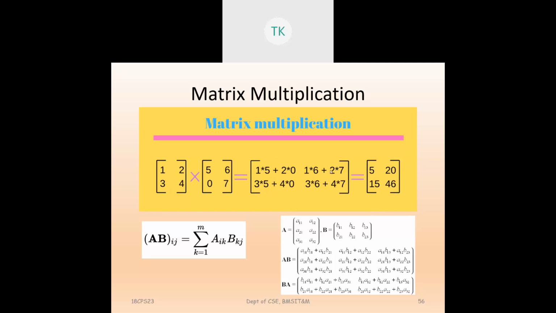Now the second element here is the summation of products of the first row and the second column. First row and the second column. So 1 into 6 plus 2 into 7. So I get 20. Now this is a common procedure that we have been following.